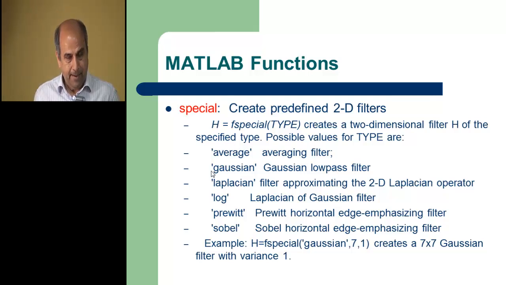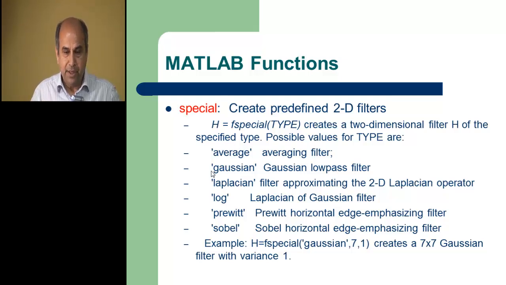The reason is 7 by 7 is that, as you know, if you have a Gaussian distribution, after 3 sigma, with sigma 1, the value of the Gaussian distribution will be almost 0. 99% will be gone.